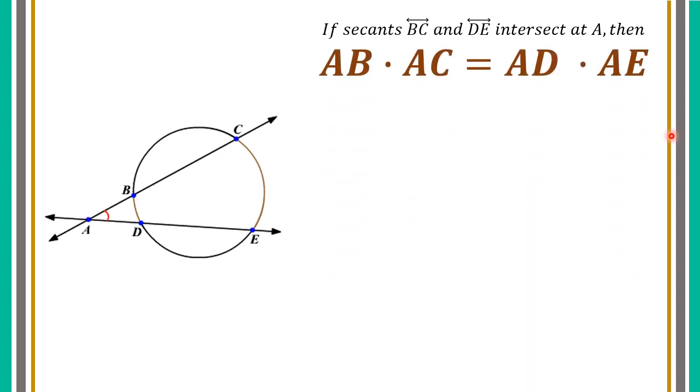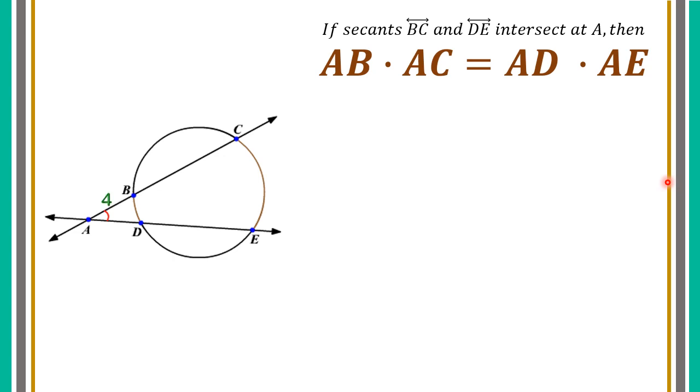We can have this formula or equation. So we are supposed to get the product of the secant and its external part, and it should be equal with the product again of another secant and its external part. Now, let's put data on the given illustration.